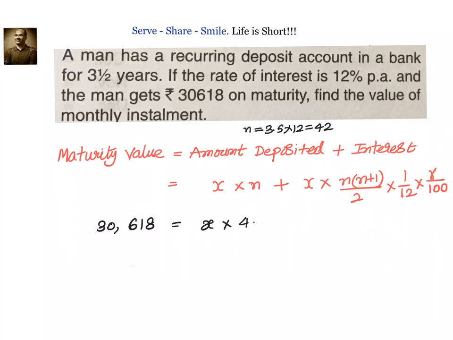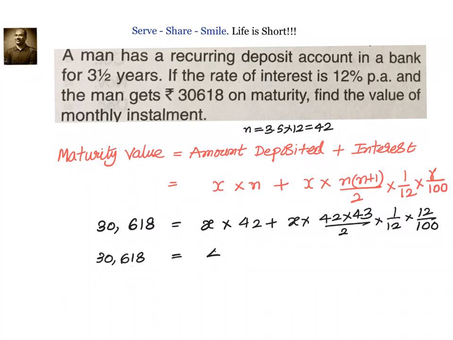So n is 42, plus X into 42 into 43 divided by 2, into 1 by 12, into R. R is 12%, so 12 by 100. Let us simplify this now. We will have 30,618 is equal to 42 into X plus, let us simplify, 12 and 12 will cancel. Then we have 2 will go 21 times.